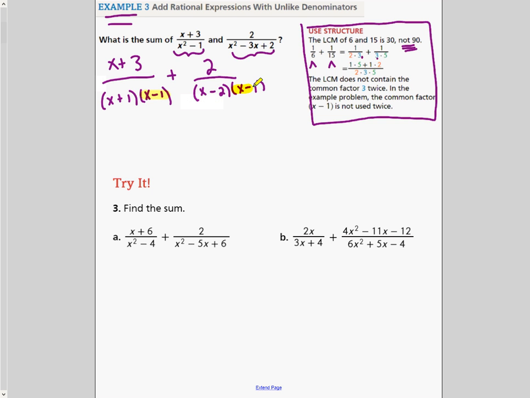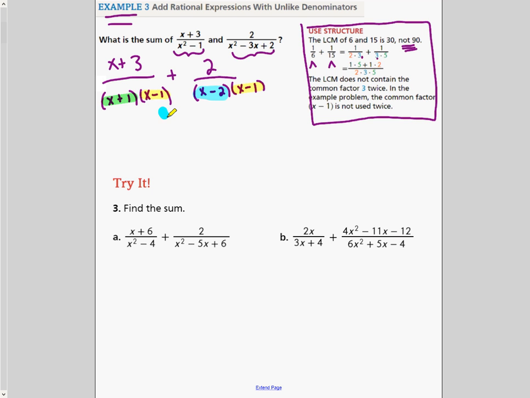The one on the left has the x plus 1, but the one on the right doesn't. It has an x minus 2. So what we're going to do is try to get all 3 colors or all 3 factors involved in both fractions. What I mean by that is the one on the left has green and yellow but not blue, so it's going to need blue.